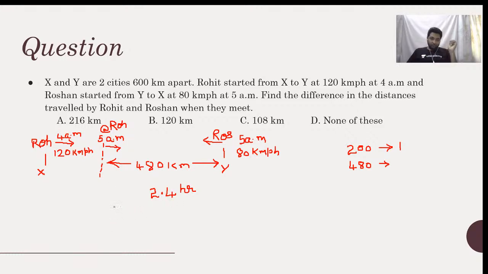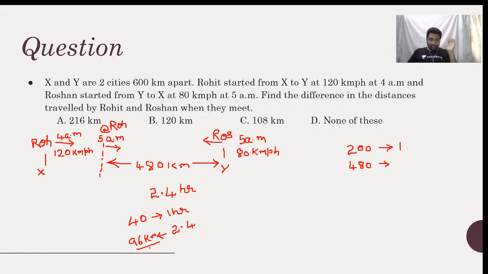See, every hour from 5 a.m. to the point where they meet, Rohit is covering 40 kilometers per hour more. So if the extra distance covered is 40 kilometers in 1 hour, then in 2.4 hours it is 2.4 into 40, which is nothing but 24 into 4, which is 96 kilometers as the extra distance covered by Rohit.